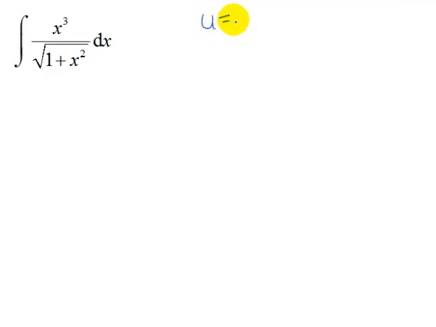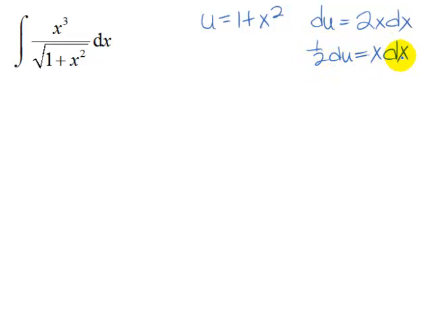So I'm going to let u be 1 plus x squared, which would mean du is going to be 2x dx, and so 1/2 du would be x dx. So as I go to do this substitution, I'm going to split this up into an x squared and then an x.